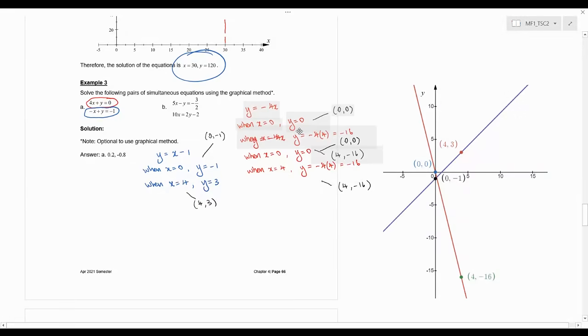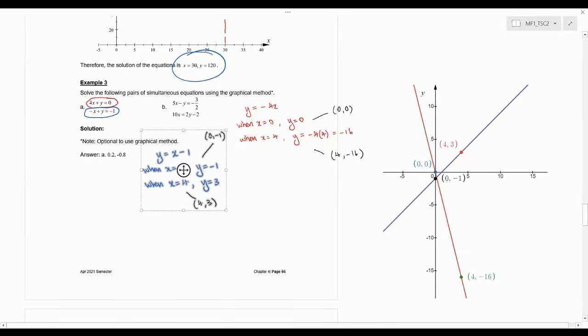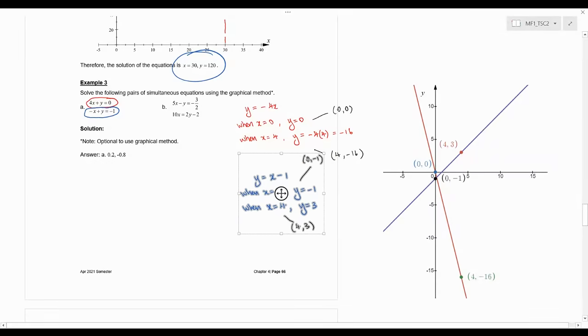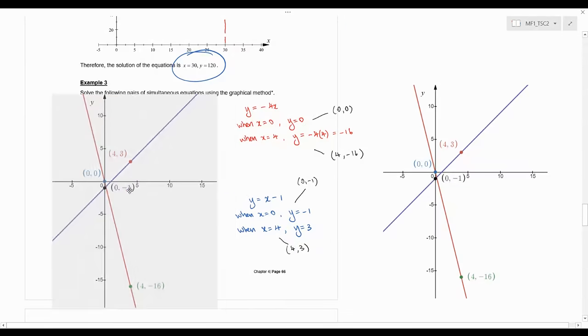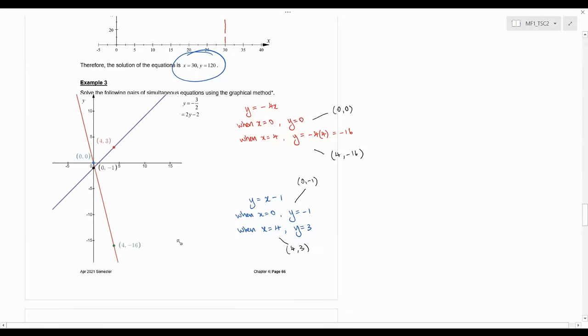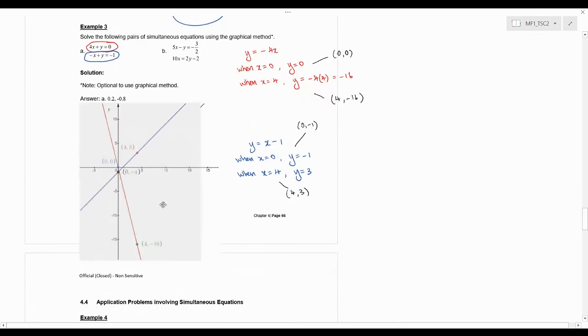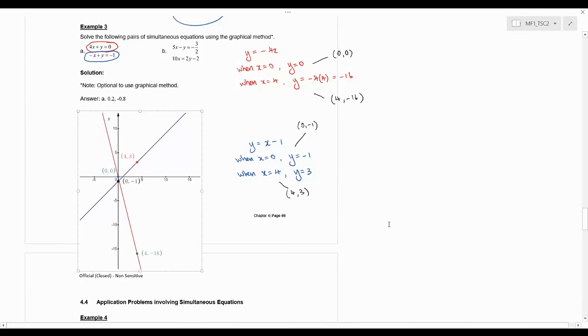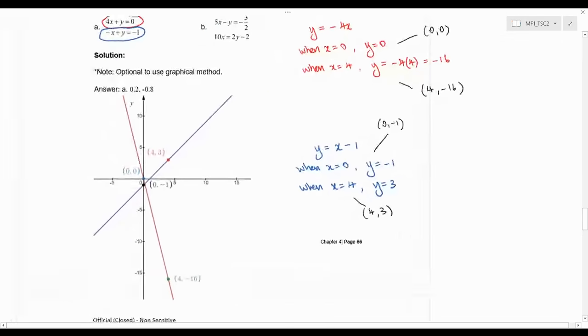I'm gonna shift this whole lot up, and I'm gonna shift this whole lot down. Okay, and I'll shift the graph in. Okay, there we go.